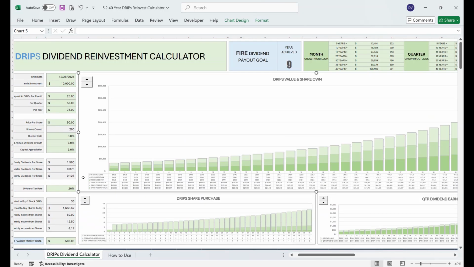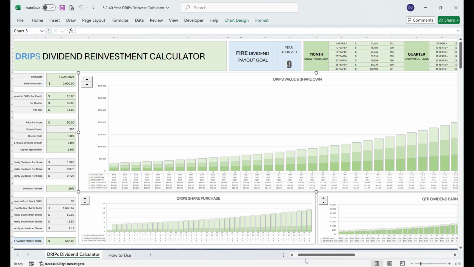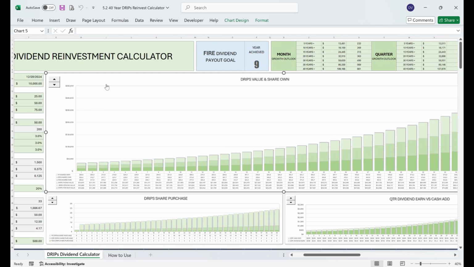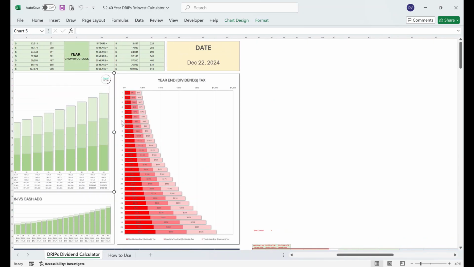So another nice feature I added in here is you can switch by just hitting the spin dial. It changes the information from drip value shares owned, let me see here, into drip initial investment shares owned. So how did I do that?